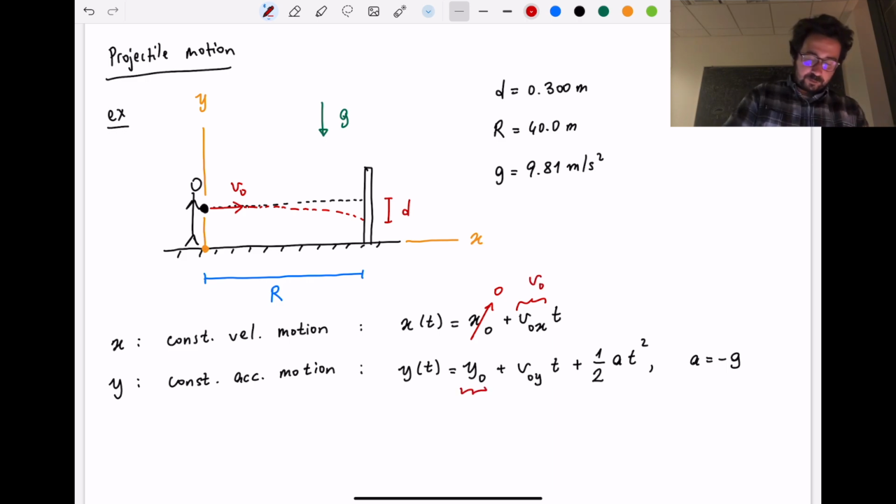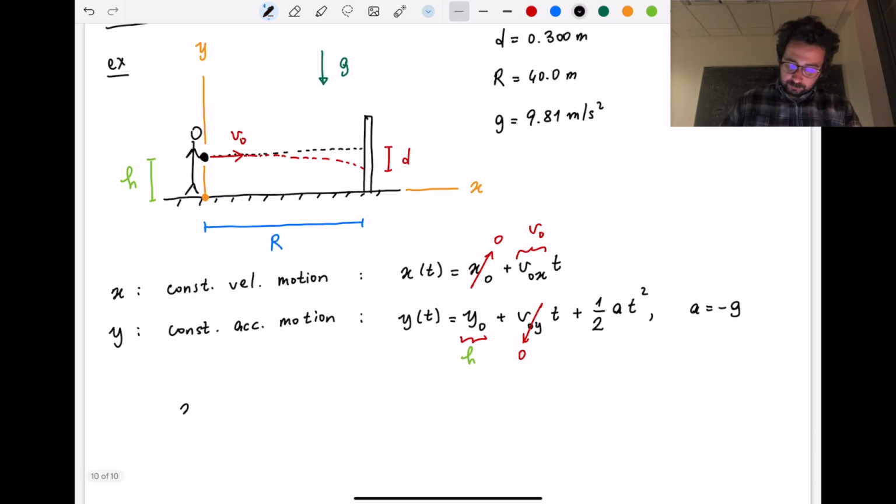Okay, y0 is not 0, so let's define something. Let's say this height is h, and as we will see it will not matter, so let's just call it h for sake of simplicity, and we have v0y equal to 0 because the initial velocity has no y component, and we have a equal to negative g.